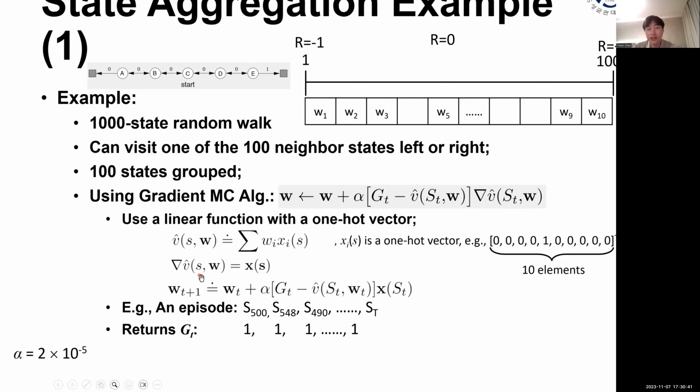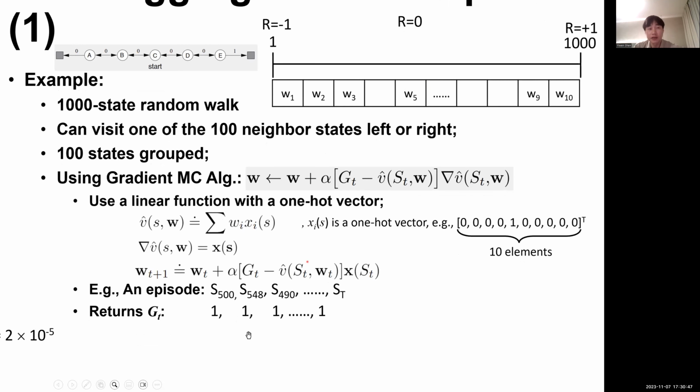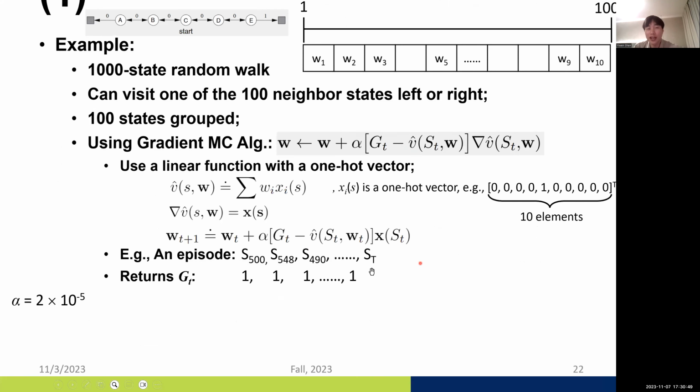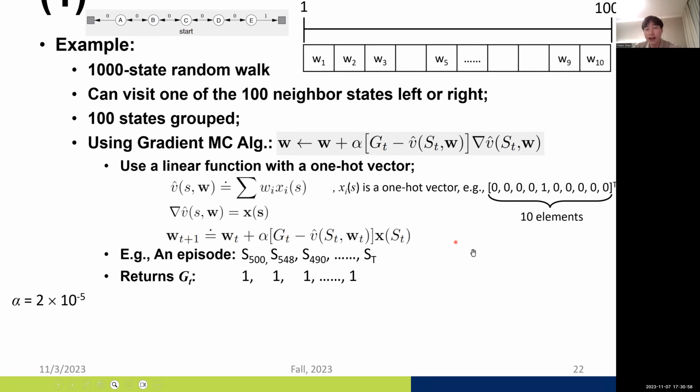Now the gradient of this, we had, is XS. And we used this update. In the last lecture, I showed you how you can calculate this weight update, right? You can step by step update this. Each time W is a vector, you need to write down the vector.